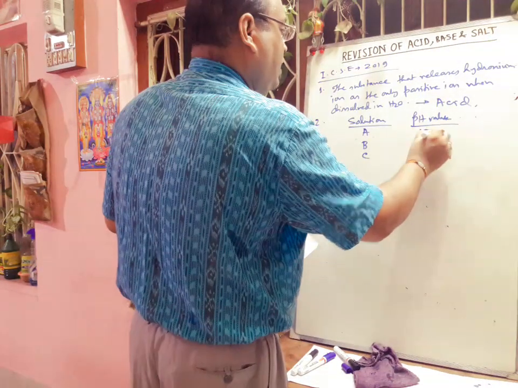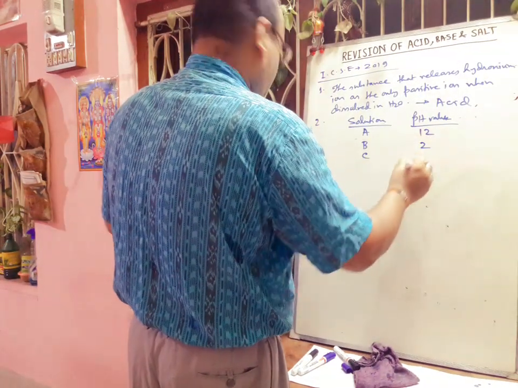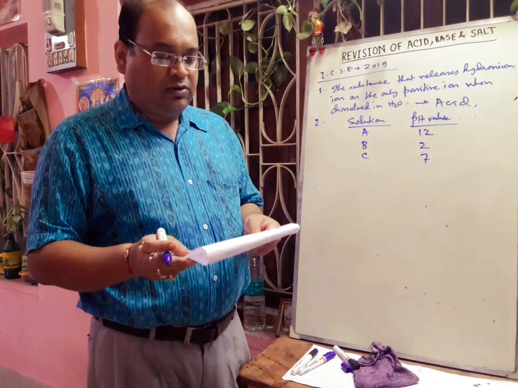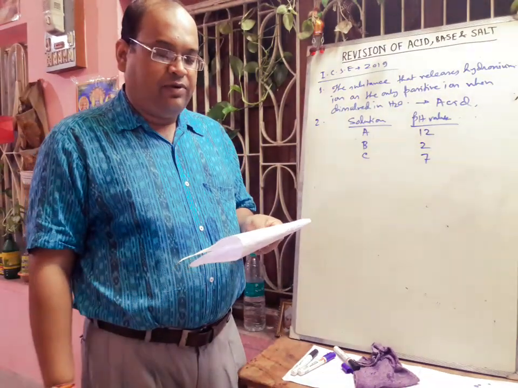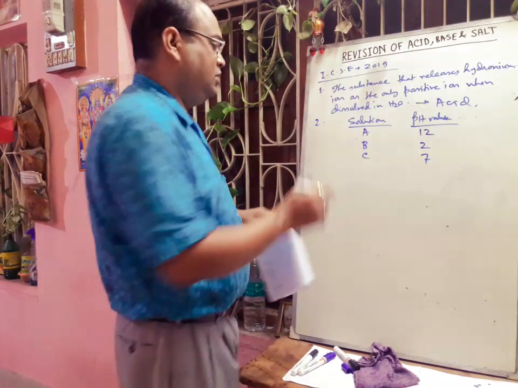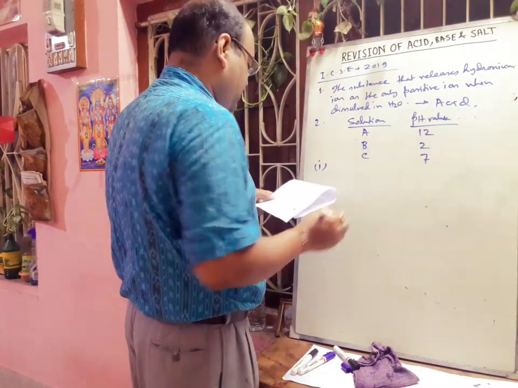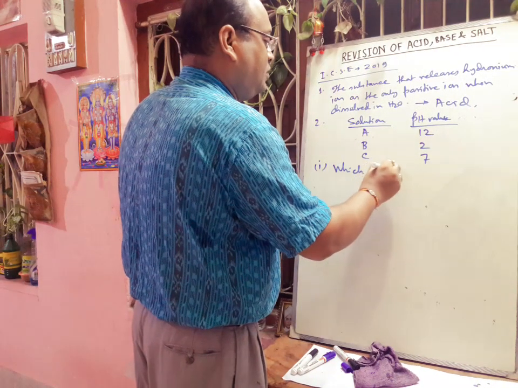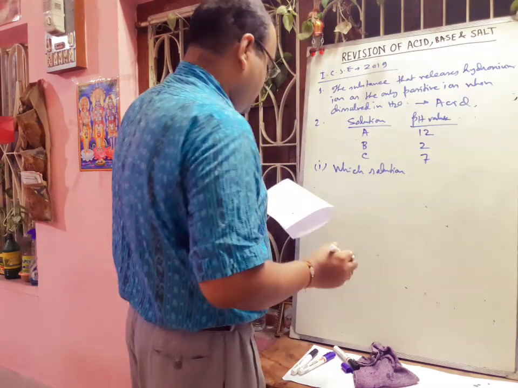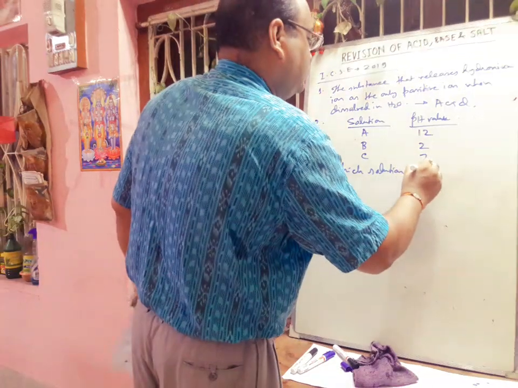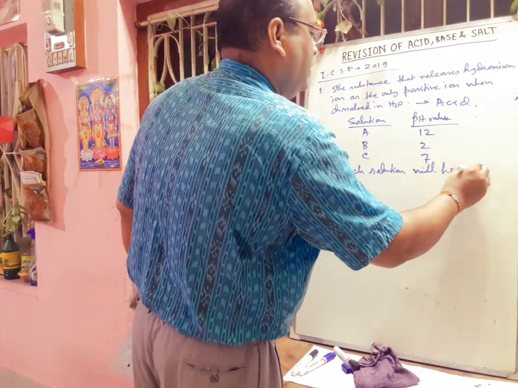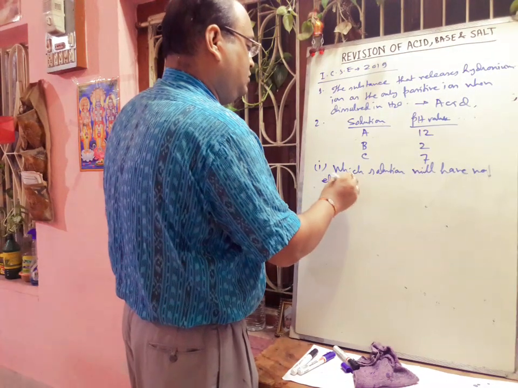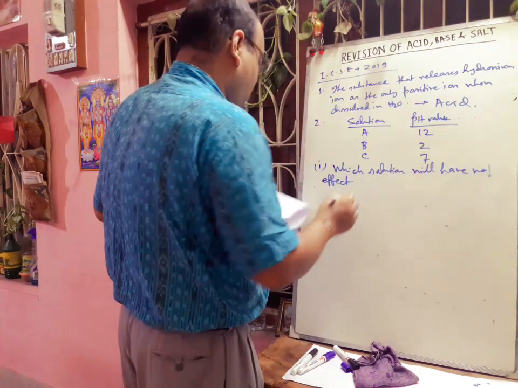The first one is 12, the second one is 2 and the third one is 7. Now what are the questions? Question 1: which solution will have no effect on litmus solution?